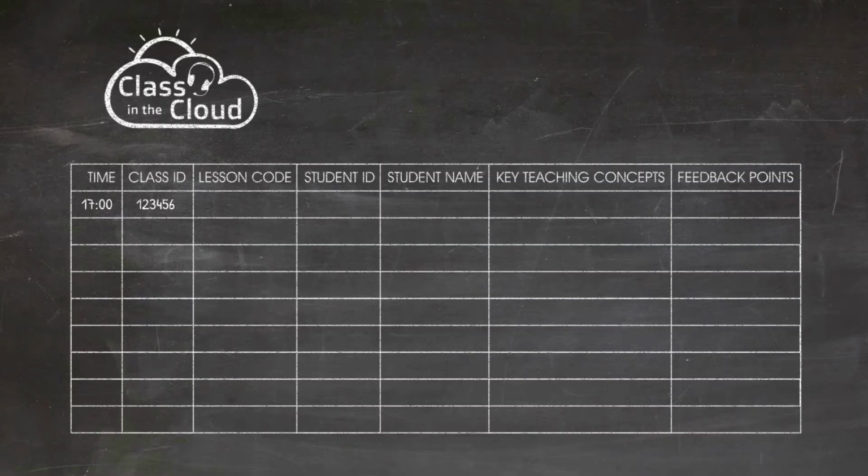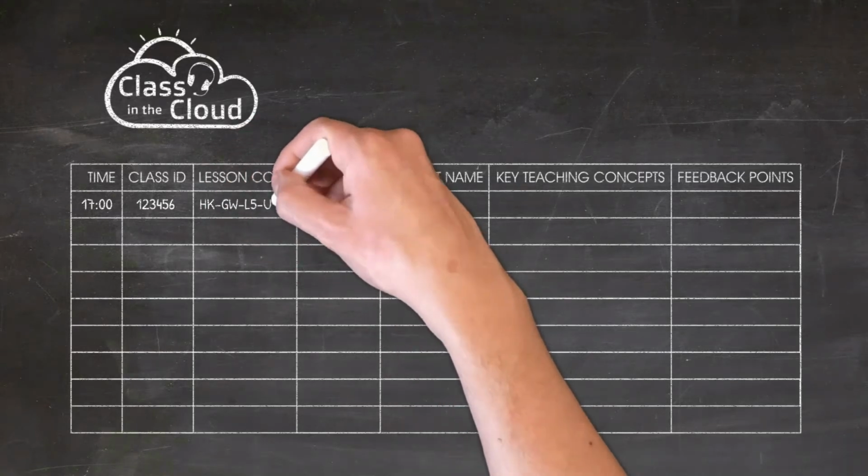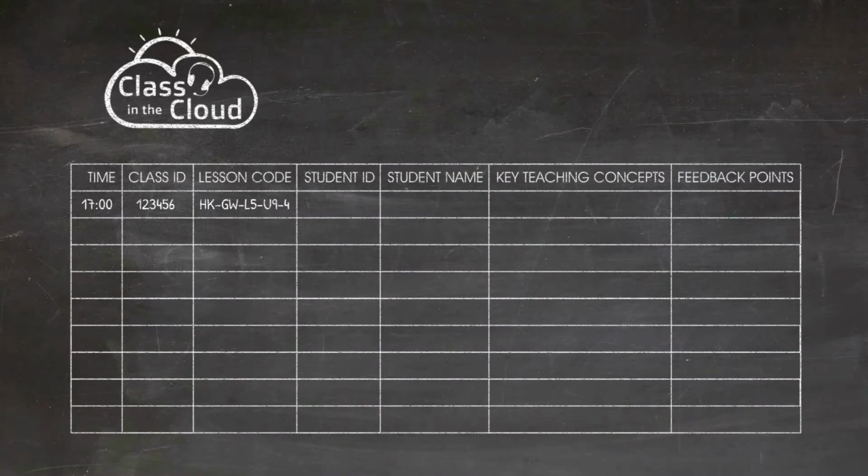Right, so we have our classroom, we have our time. Next, we will look at the lesson code. Now, the lesson code is the number given to the PowerPoint presentation that you will be teaching, also known as a PPT.